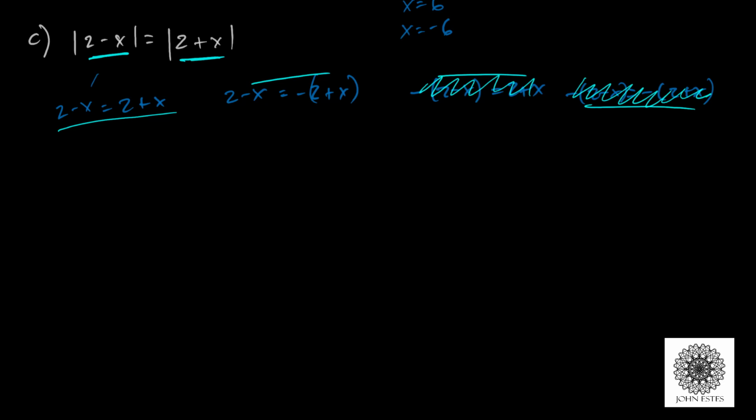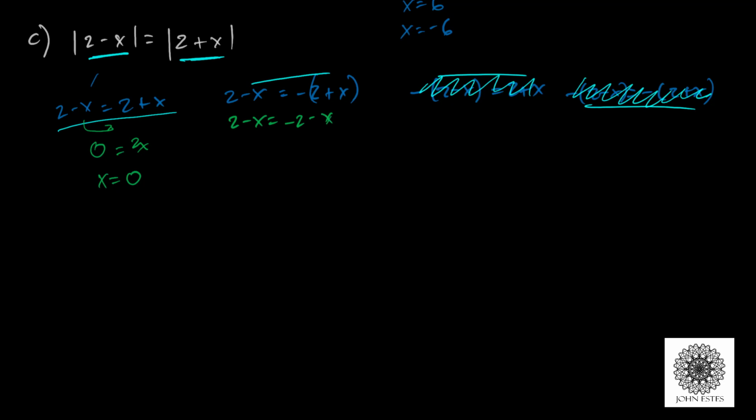Okay, so first I solve the one on the left, and this time I'm going to add the x over to this side. So I add x's, I get 2x, and I subtract my 2's, so 2 minus 2 is 0. So I end up with x equals 0 from the first equation. In the second equation, I have to distribute the negative, so I end up with 2 minus x equals negative 2 minus x.